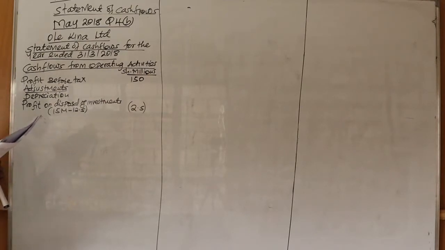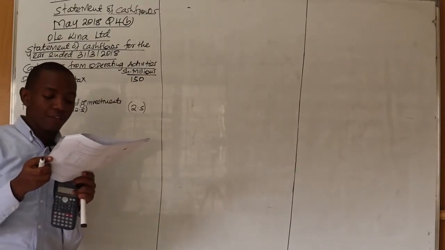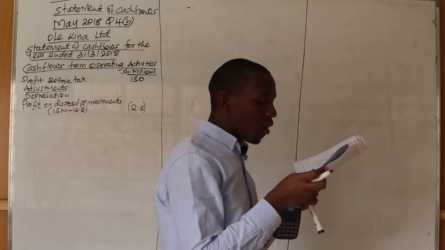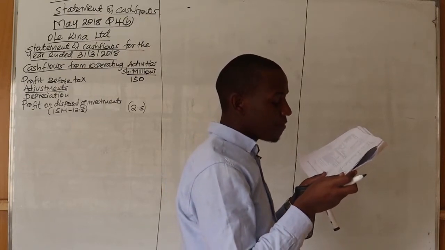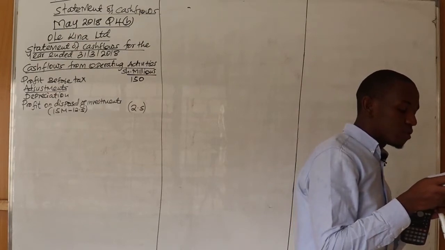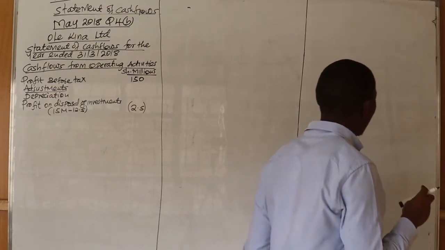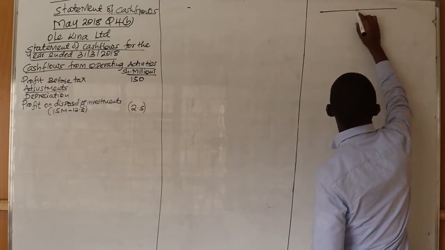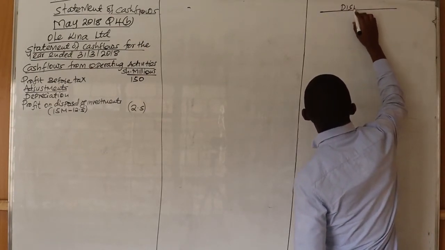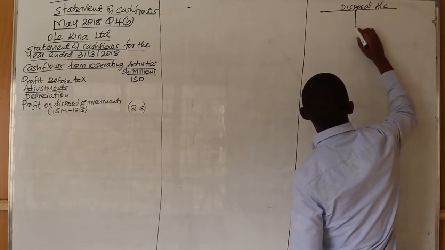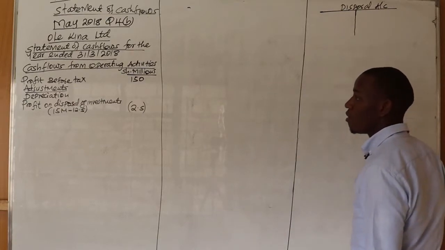Now, the other one was on additional information number 2. We've been told that the fixtures and fittings with an original cost of 42.5 and a carrying amount of 22.5 were sold for 16 million during the year. So in this case, this is whereby you can draw what we call the disposal account, to know whether it was sold at a profit or at a loss.